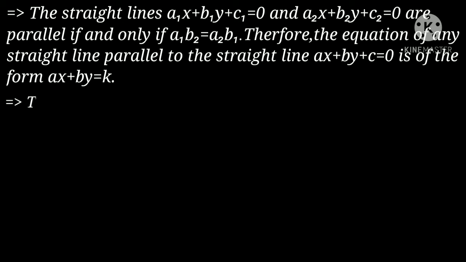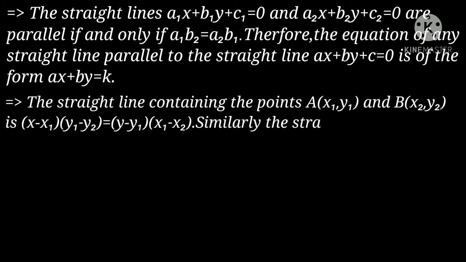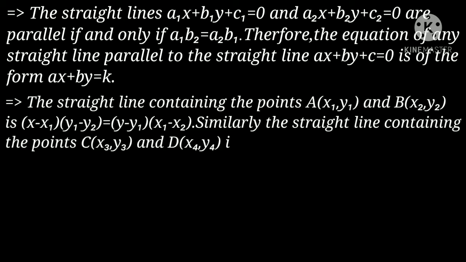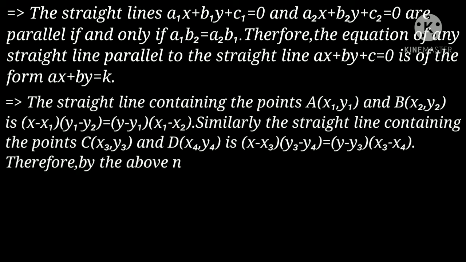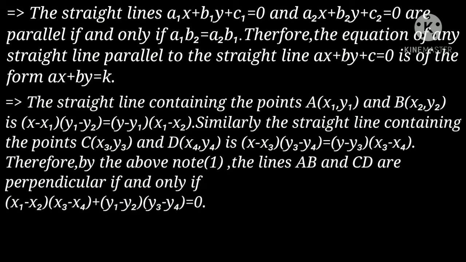Third one, the straight line containing the points A(x1, y1) and B(x2, y2) is (x - x1)(y1 - y2) = (y - y1)(x1 - x2). Similarly, the straight line containing the points C(x3, y3) and D(x4, y4) is (x - x3)(y3 - y4) = (y - y3)(x3 - x4).